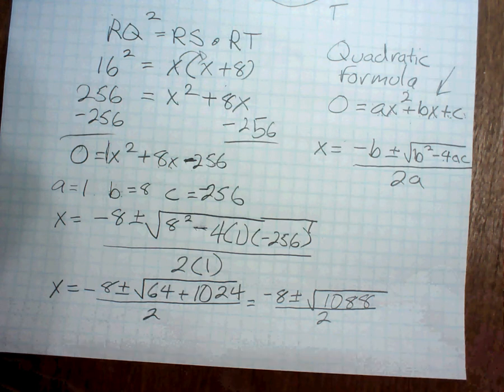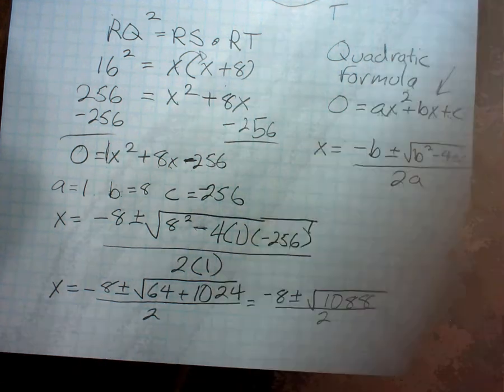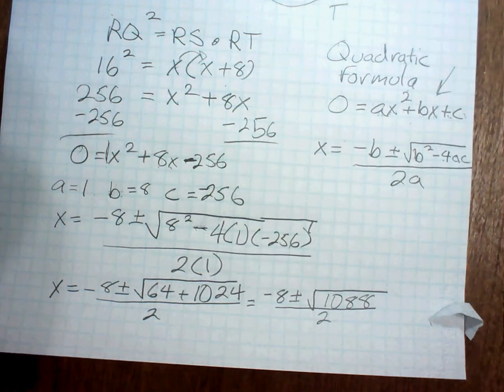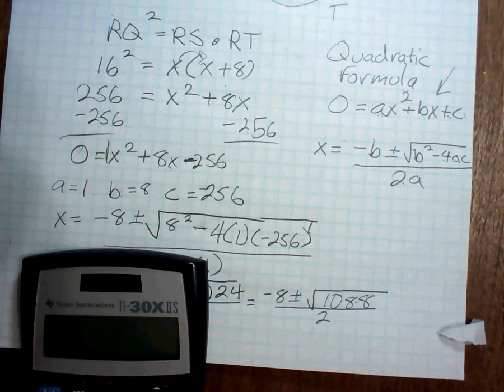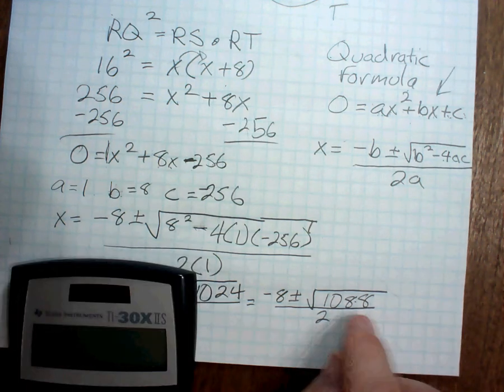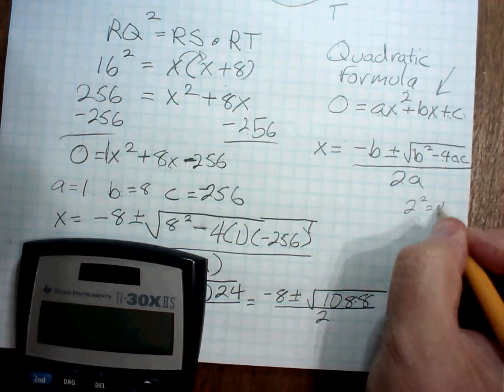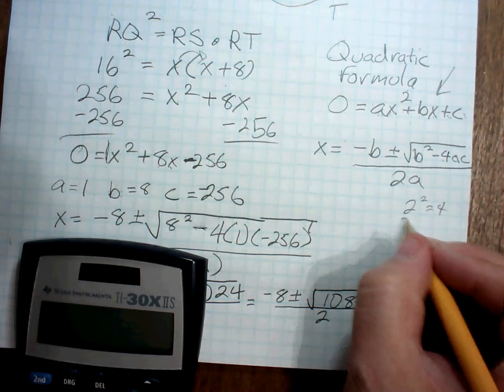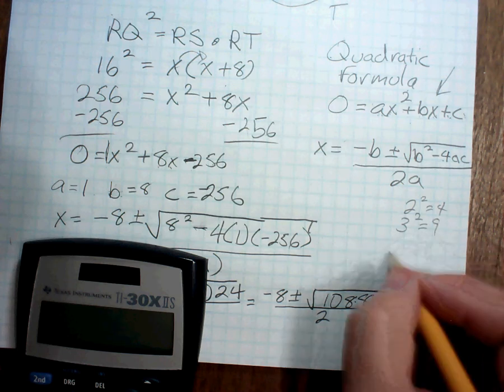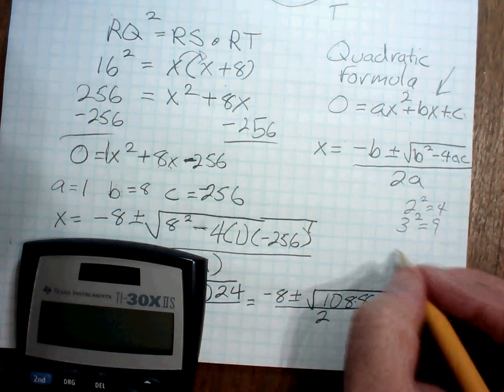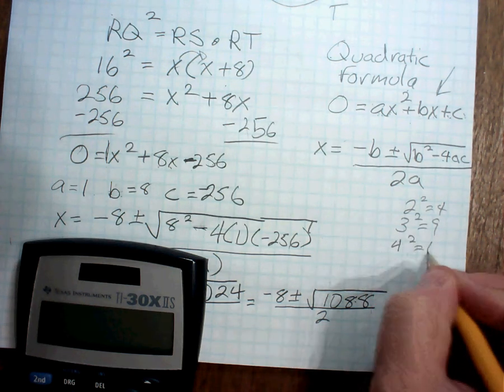Now, this is part of the tough part about this. I gotta find my calculator on this. So what I gotta do is I gotta find a number that goes into 1,088. So I gotta think 2 squared equals 4, 3 squared equals 9, and so on and so forth. 4 squared equals 16.